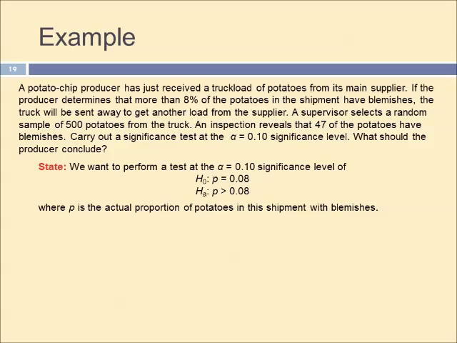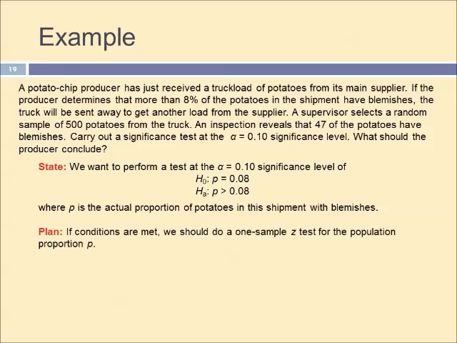At the 0.1 level of significance, the null hypothesis is that the population proportion of all blemished potatoes is 0.08. The alternative hypothesis is that the proportion is greater than 0.08. And in this case, again, p is the actual proportion of potatoes in the shipment with blemishes. So if the conditions are met, we can use a one-sample z-test for the population proportion.